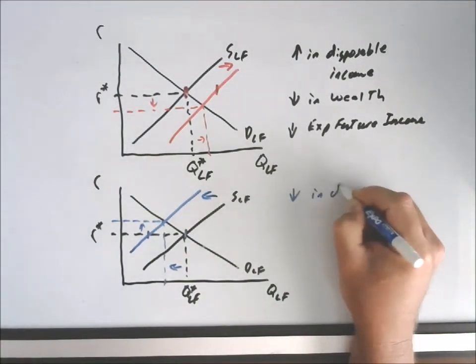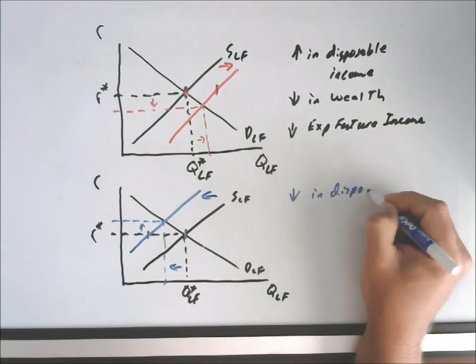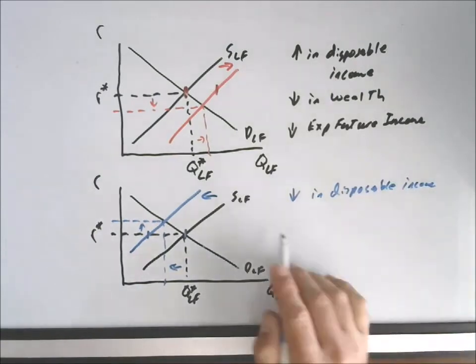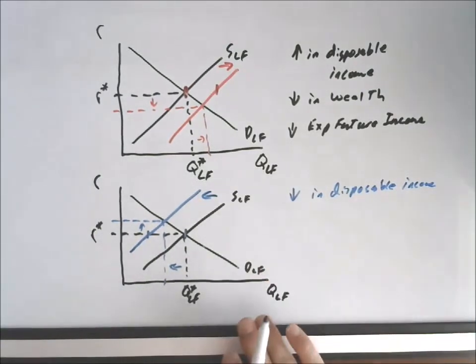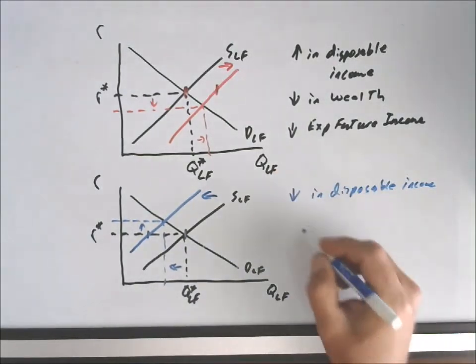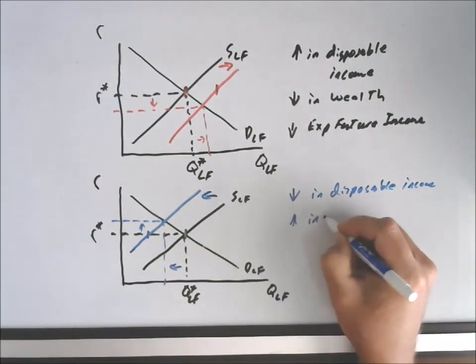A fall in disposable income. Poor people tend to spend a greater proportion of their paycheck than rich people do. They tend to save less. An increase in wealth.